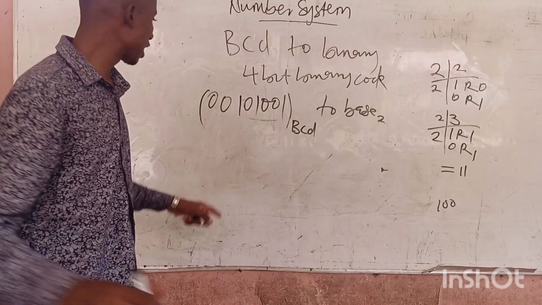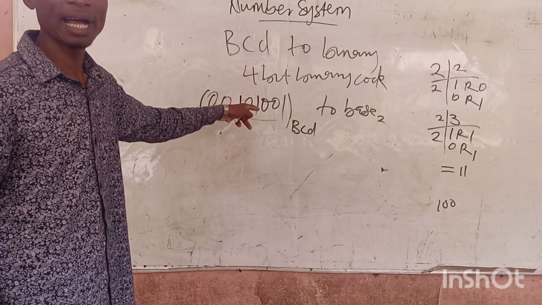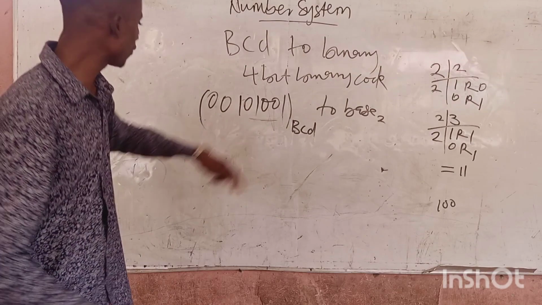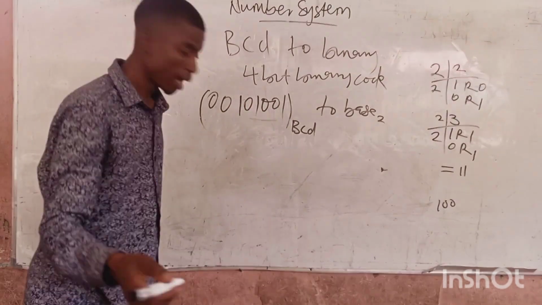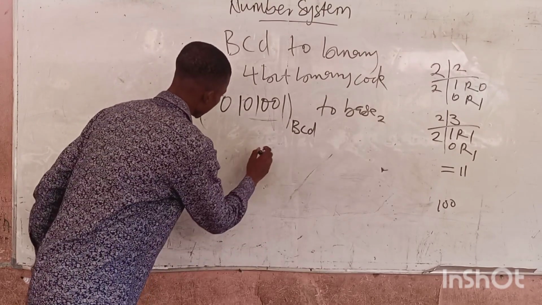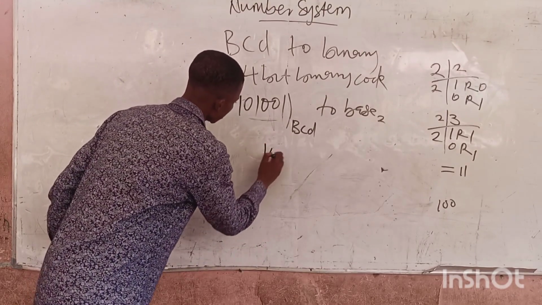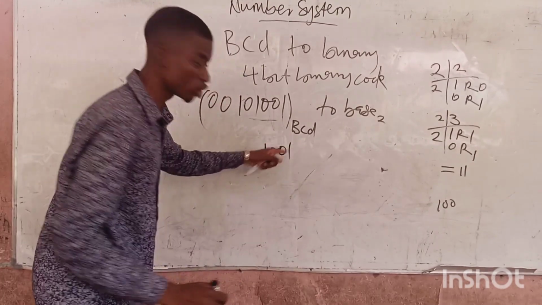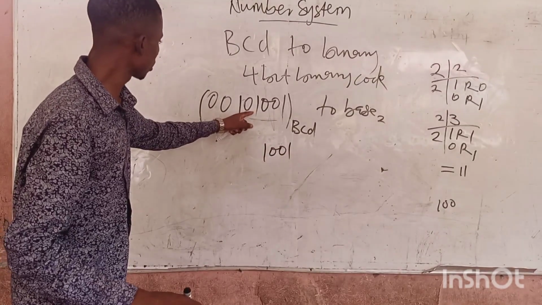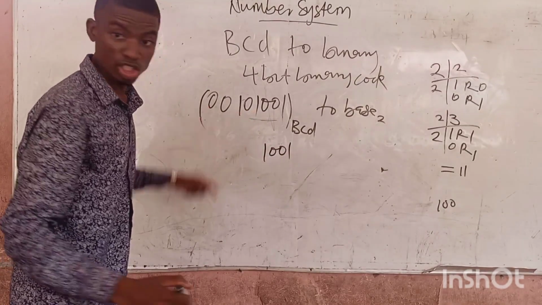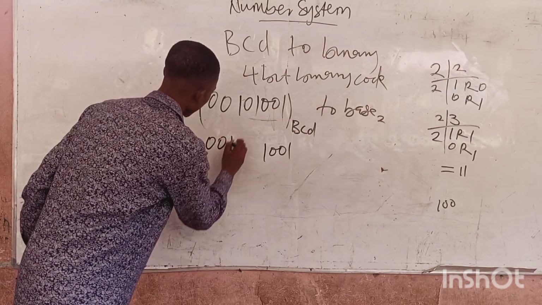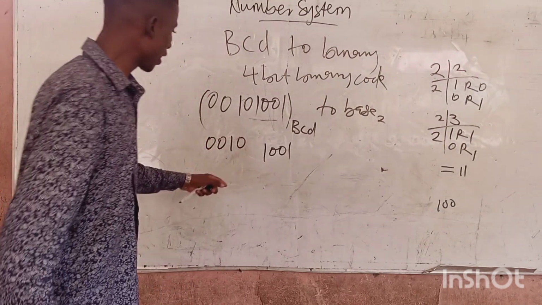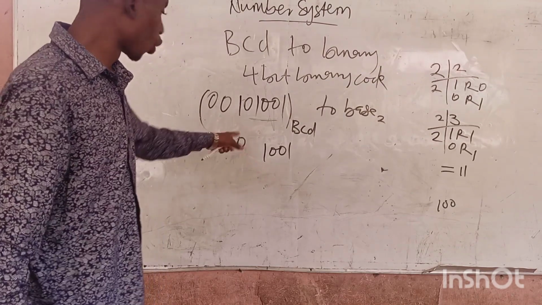Therefore, we have to divide this number into groups of 4 bits. So from here to here is 4 bits, which is 1001, and from here to here is also 4 bits, which is 0010.